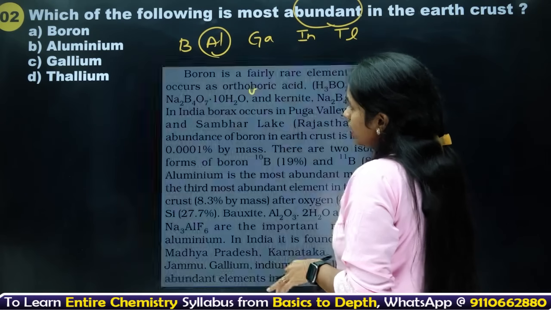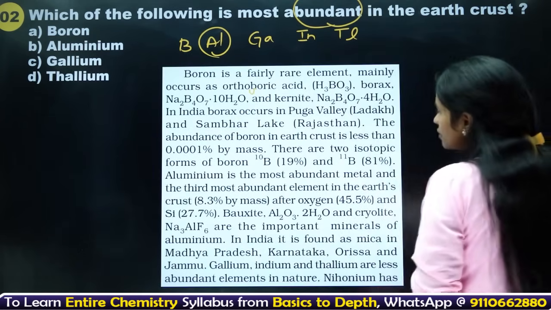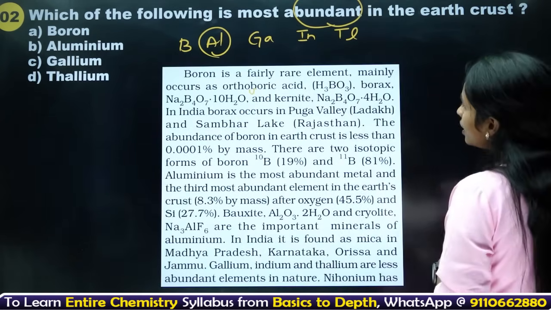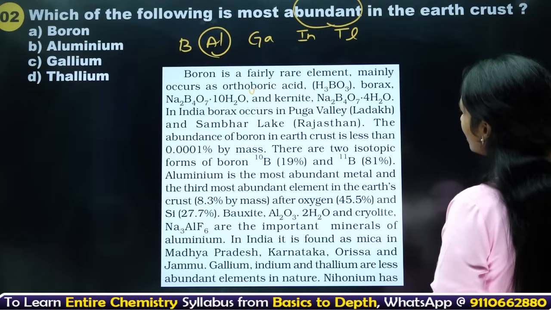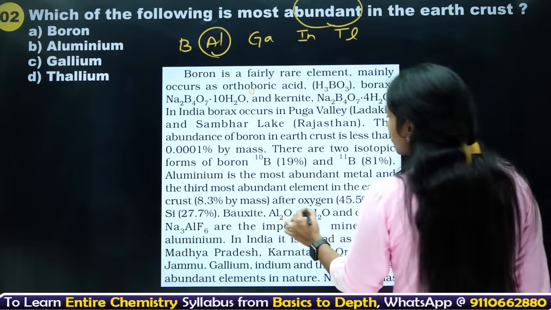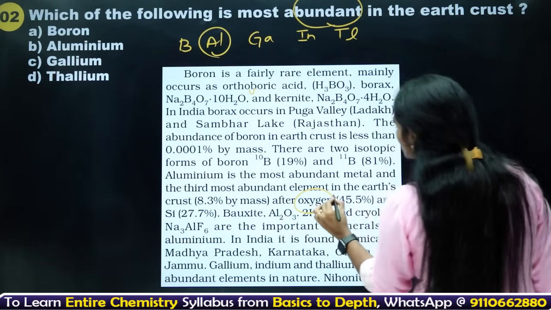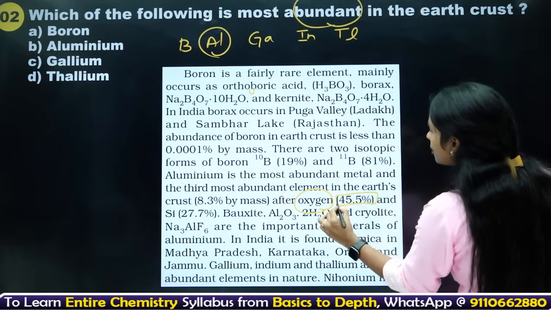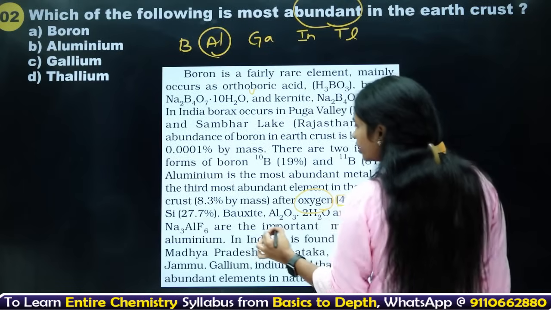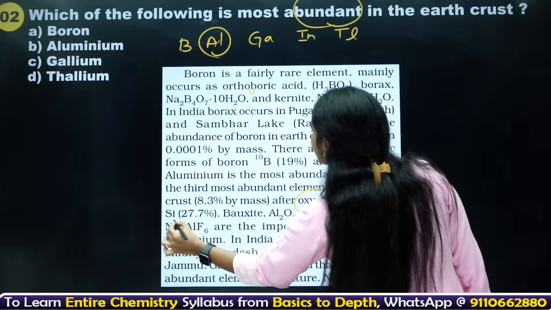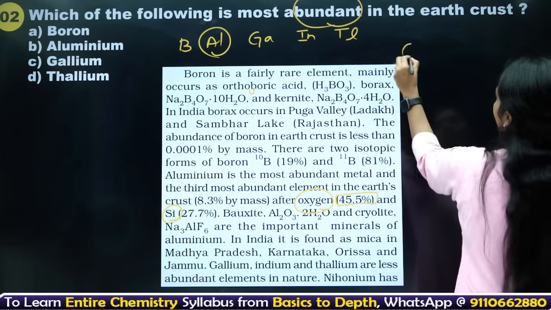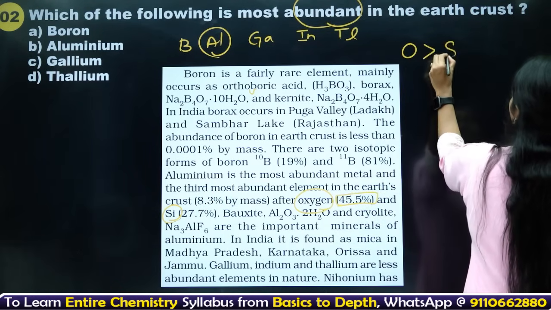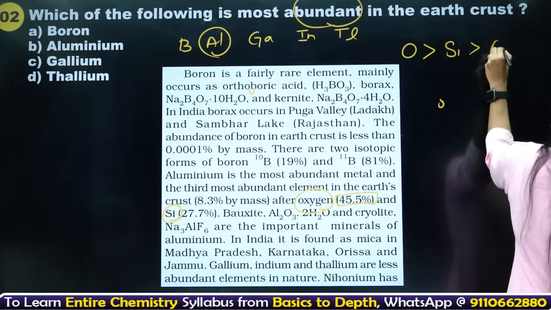But if you see the earth crust, which element does it have first? Oxygen. How much is the percentage? Around 45.5%. After that, we get silicon. So first priority is oxygen, after that silicon, next is aluminium.